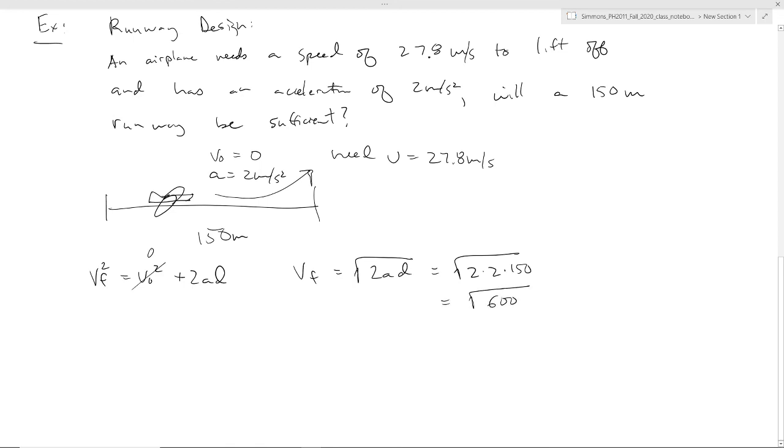And when we compute that, that's 24.5 meters per second. So notice 24.5 meters per second is less than 27.8 meters per second. So the runway, in other words, we weren't able to accelerate for long enough to take off.